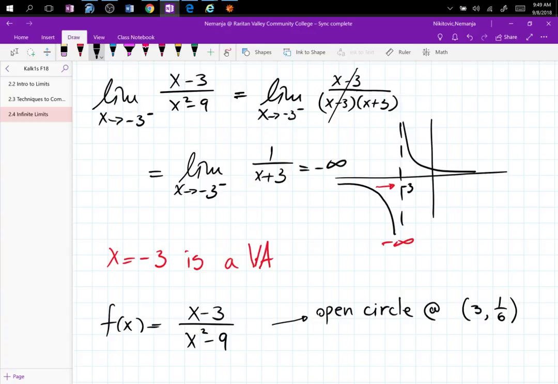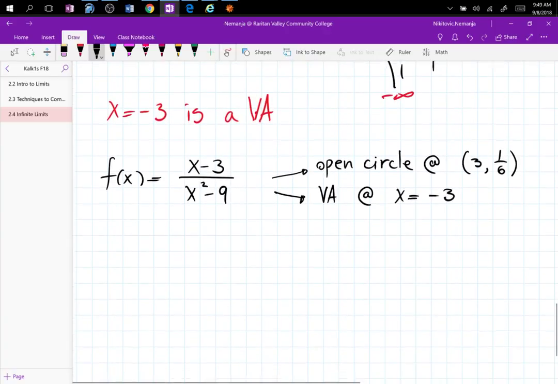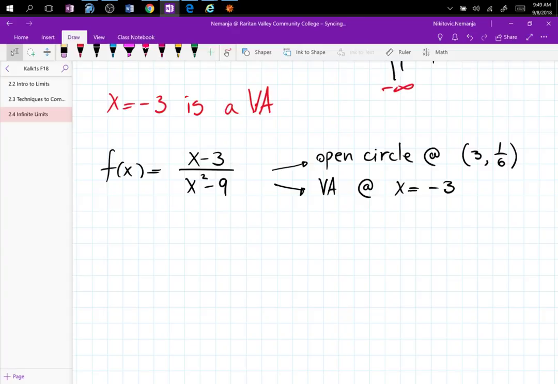It's a hole in the graph. And it has a vertical asymptote at x equals -3. We can actually graph this now easily.